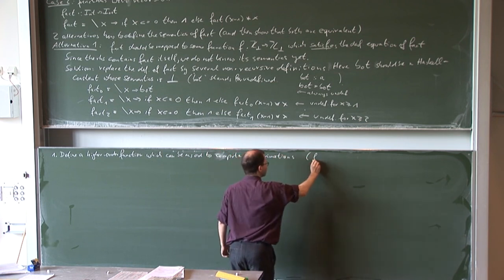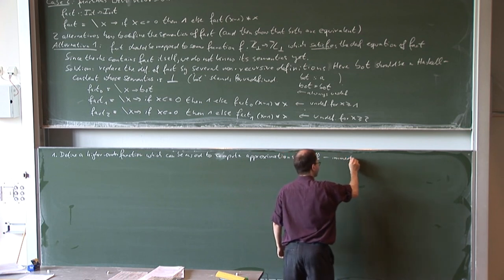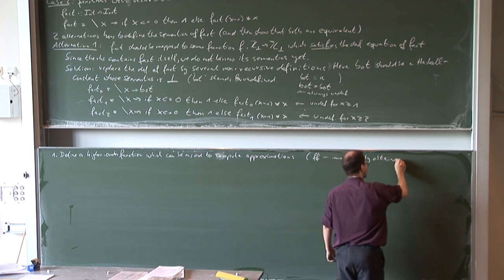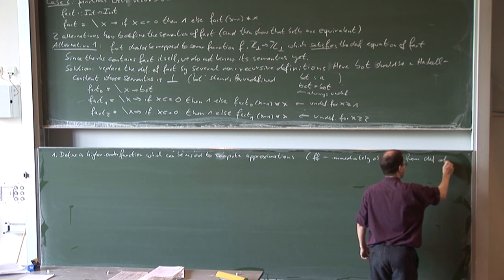So in our example, this was this function ff, which can be immediately obtained from the original function definition, from the definition of fact.